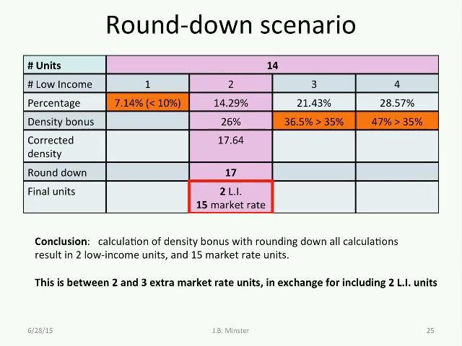Consequently, the calculation of the density bonus with rounding down, in this case, results in 2 low-income units and 15 market rate units. Compared to the 12 or 13 units we had initially, this is between 2 and 3 extra market rate units in exchange for including 2 low-income units.